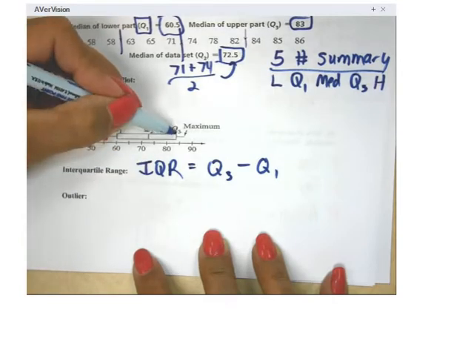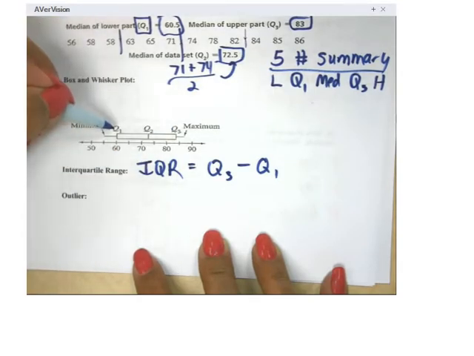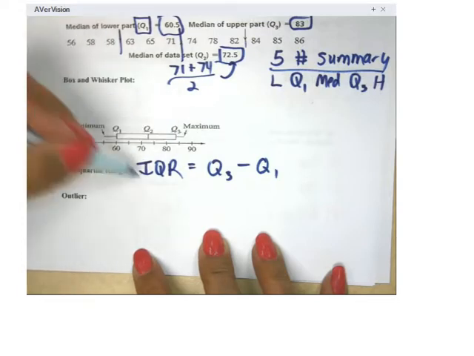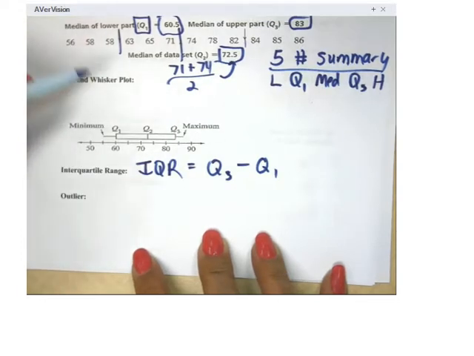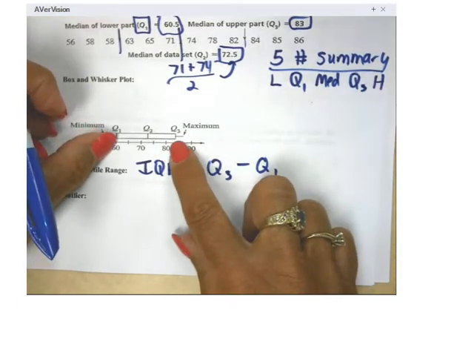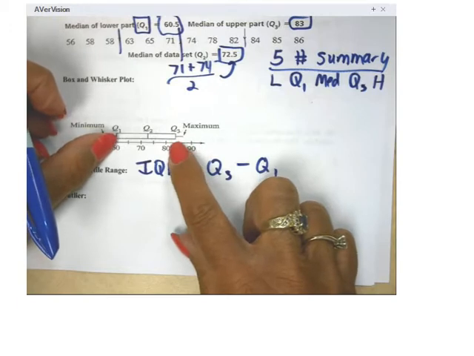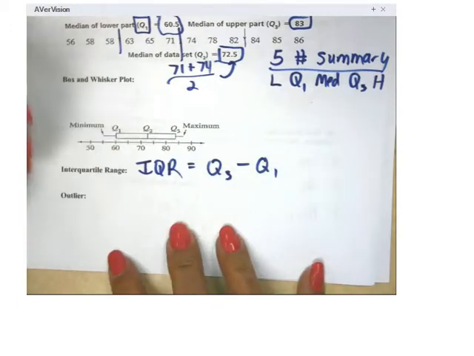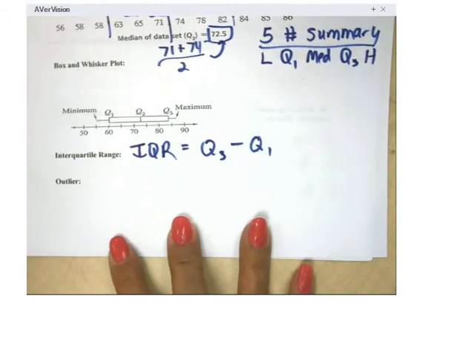So if I take this value of Q3, which in our data case happened to be 83, and subtract from it the 60.5, the width of this box is called the interquartile range. So the range would just be the difference between the high and the low, and the interquartile range is the difference between the third quartile and the first quartile, which gives us, again, the middle 50%.